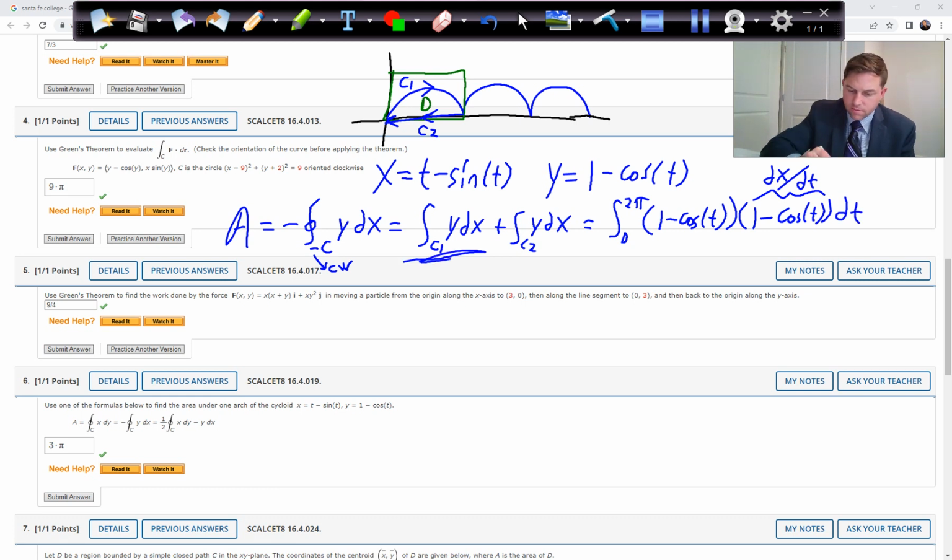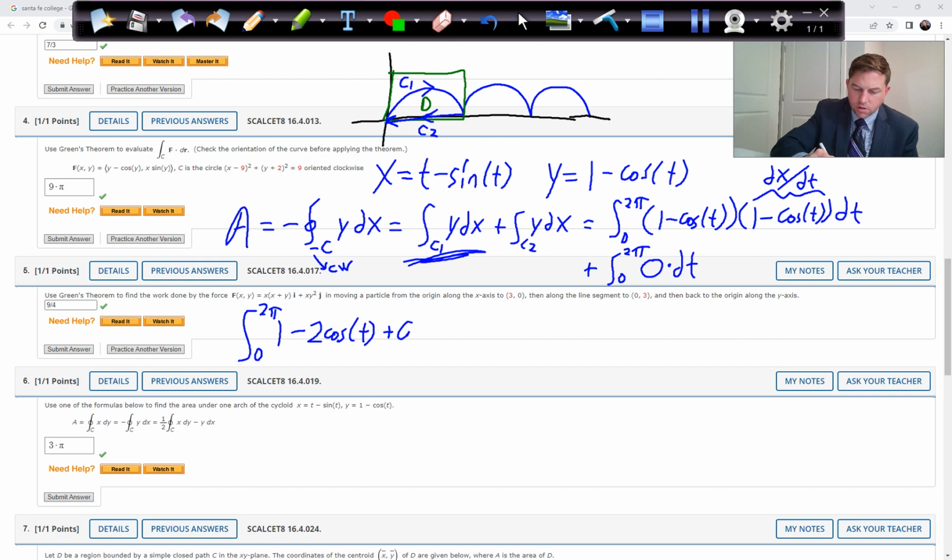That is the first curve. Then we're going to have plus the integral from 0 to 2 pi for the second curve, but the second curve's y value is 0, so it's just 0 times dt, which is not going to contribute at all in this case. So we just have to look at this first curve, and we're going to FOIL that out. We get the integral from 0 to 2 pi of 1 minus 2 cosine t, after we FOIL that, plus cosine squared t, dt.